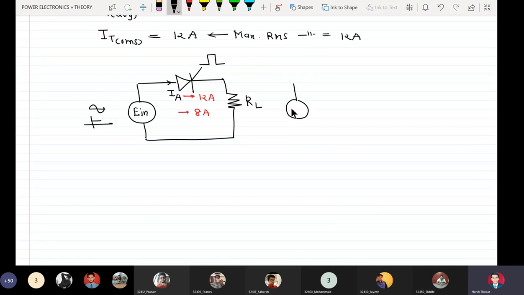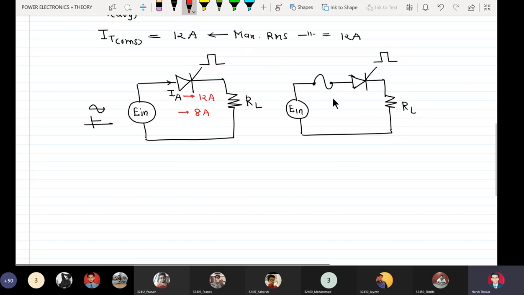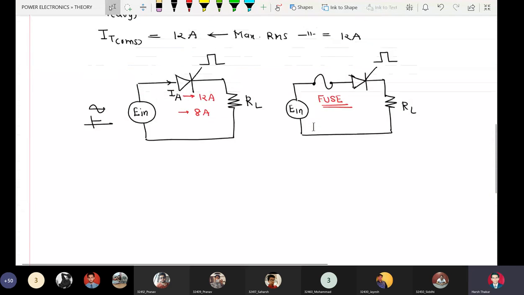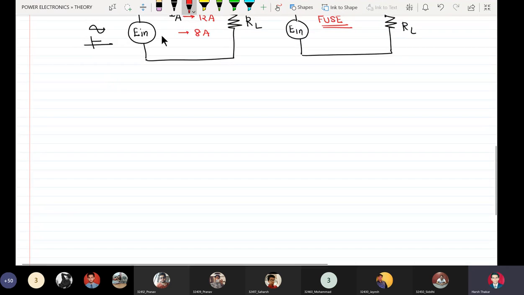I will have the supply E in here and a fuse here, and then my SCR with pulse kind of gate triggering. This is RL. So this is the fuse, as you know. This particular fuse must be a fast acting fuse so that it will blow off before the SCR gets damaged. That is why we have the I square T rating.